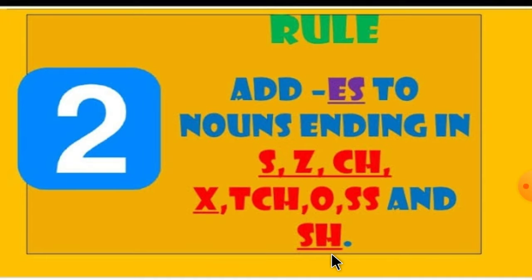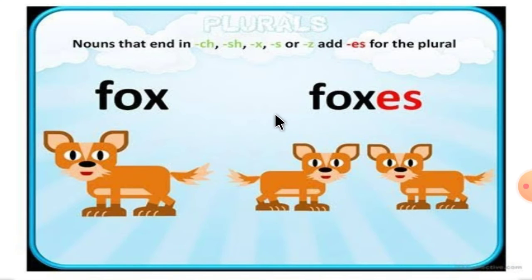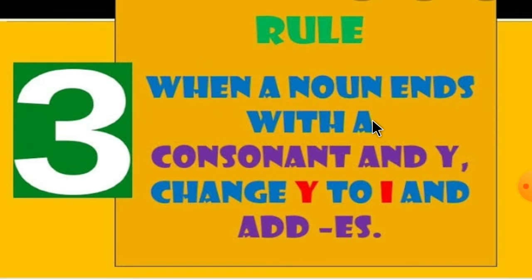So for words which end with s, z, ch, x, tch, o, ss and sh, to make a plural, you have to add es at the end of the word. Let's see examples. Fox, foxes.